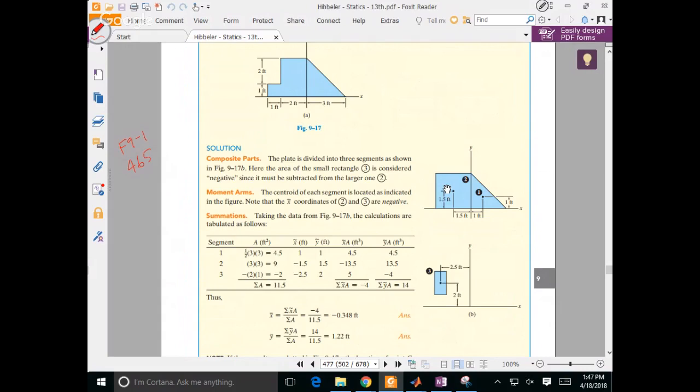X bar for region 3 comes back 2.5 and up 2. You fill out that. Now what you do is you take this one times that one gives you that one. That one times that gives that. 9 times minus 1.5 is minus 13.5. 9 times 1.5, that. 2 times minus 2.5, minus 5. Minus 2 times 2 is minus 4.